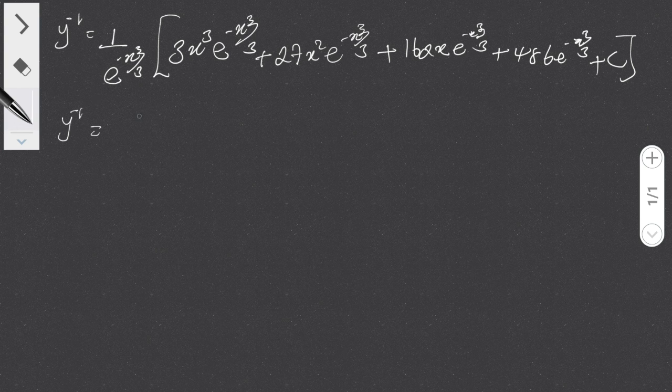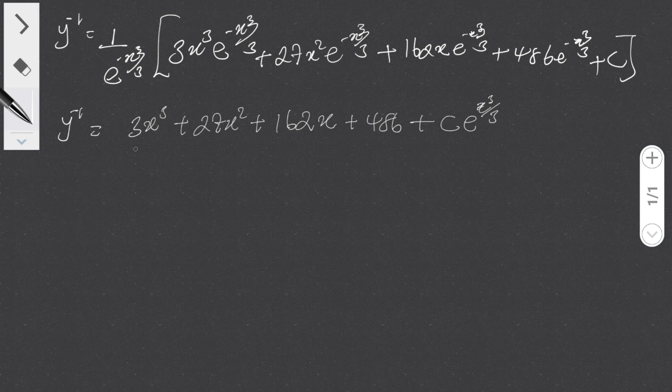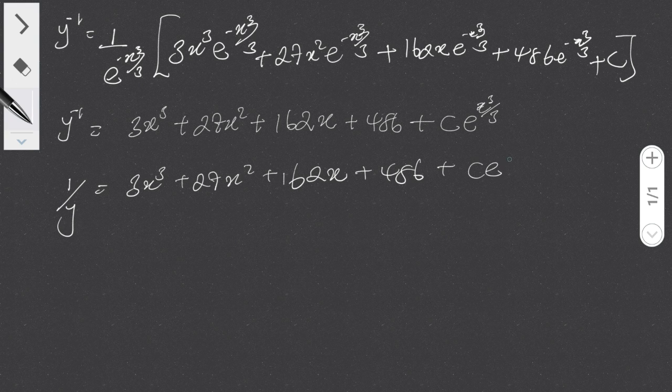If I divide this throughout, this would be 3x cubed plus 27x squared plus 162x plus 486 plus c e to the power x cubed out of 3, and then the final answer for this would be 1 over y, which would be equals to 3x cubed plus 27x squared plus 162x plus 486 plus c e power x cubed all over 3, and then this would be the final answer for my problem.